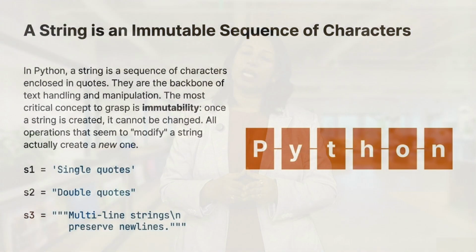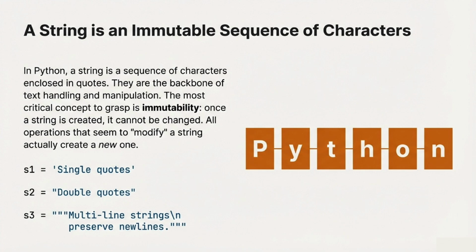A string in Python is an immutable sequence of characters. In simple terms, a string is text enclosed within quotes, either single quotes, double quotes or triple quotes for multi-line text. Now, the most important concept to understand about strings is immutability.